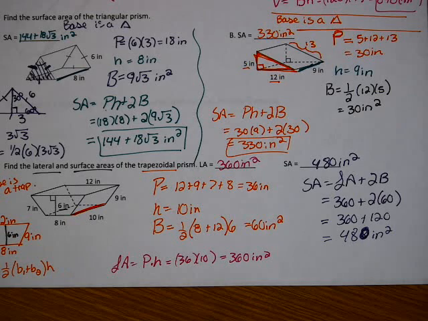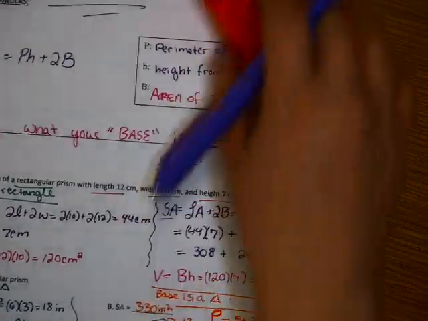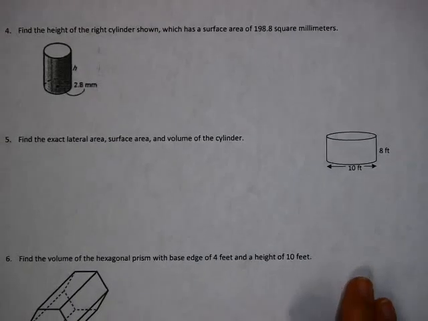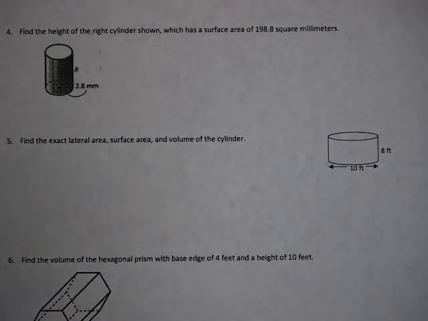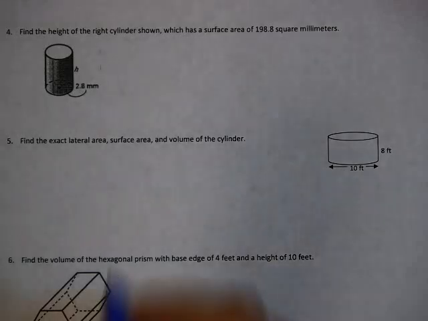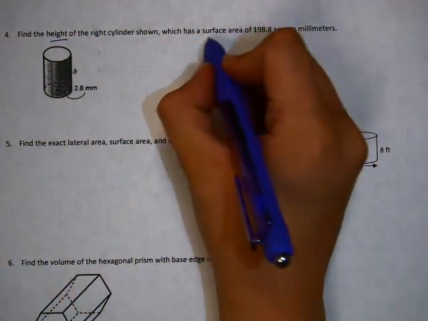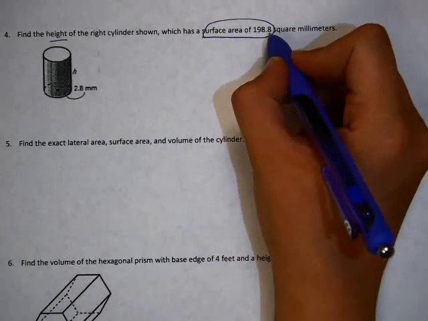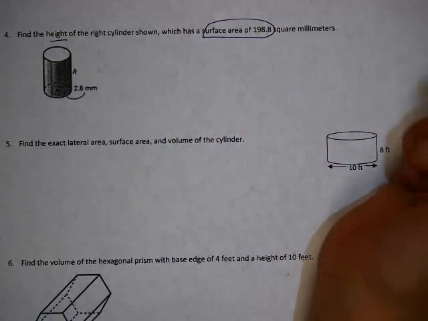Okay. All right, we have a couple more examples to go through for cylinders and a hexagonal prism. All right, so for a cylinder, this one's actually asking you to find the height, given the surface area of 198.8 square millimeters.